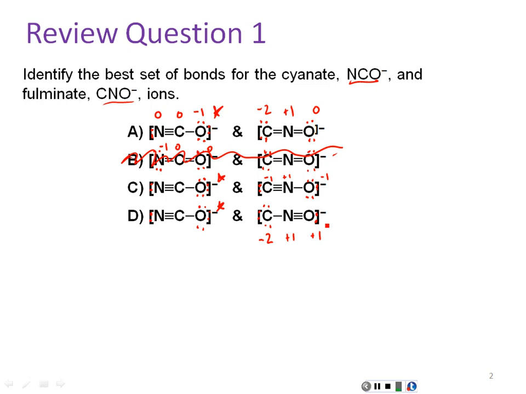And both times it occurs on carbon, which in this case is the least electronegative element in the molecules. So our best choice for the structure for fulminate would be structure C, where carbon has a -1 formal charge, and oxygen has a -1 formal charge.